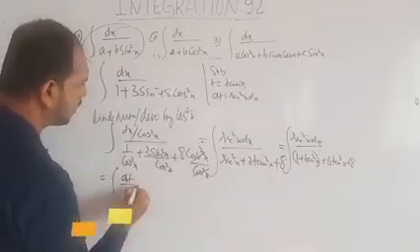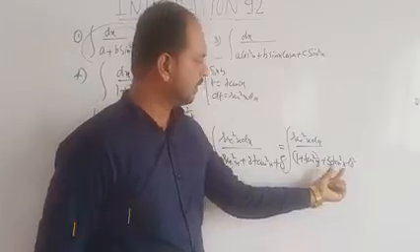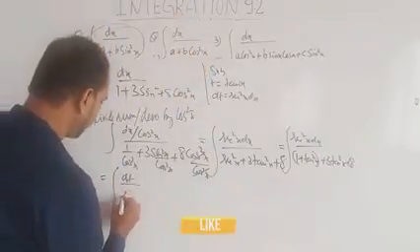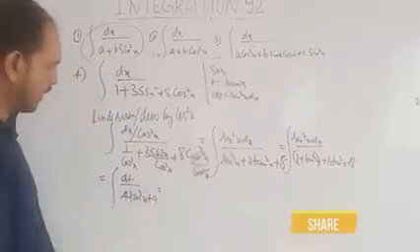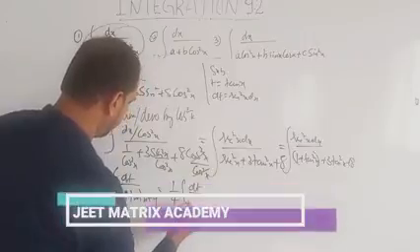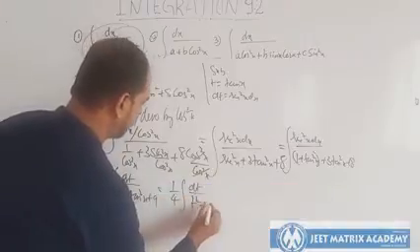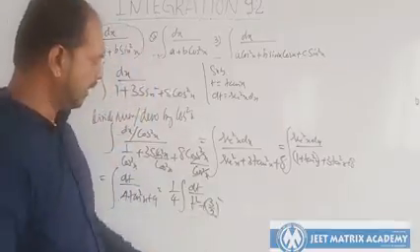This is dt divided by 4 tan square x plus 9. I will take 4 outside, so the integration of dt divided by t square plus 3 by 2 whole square. I will write it simplified.